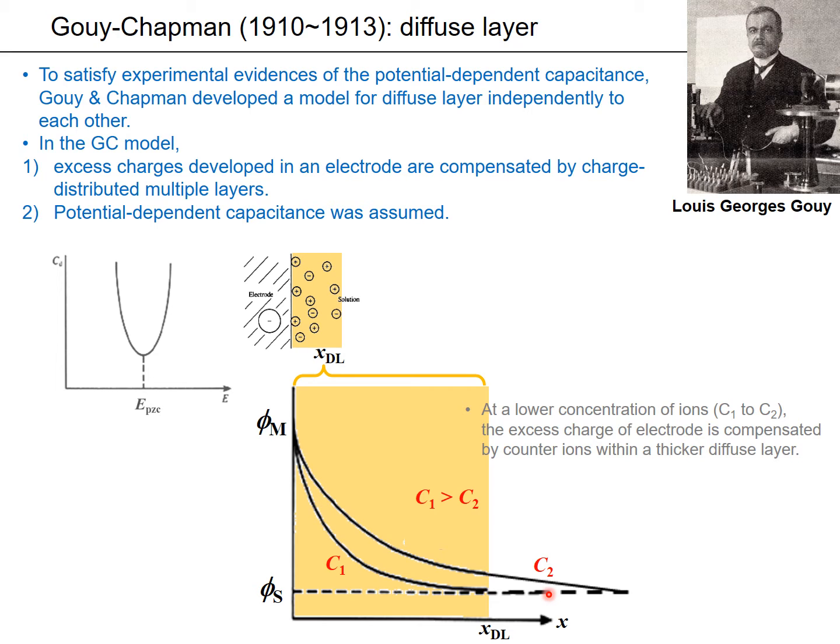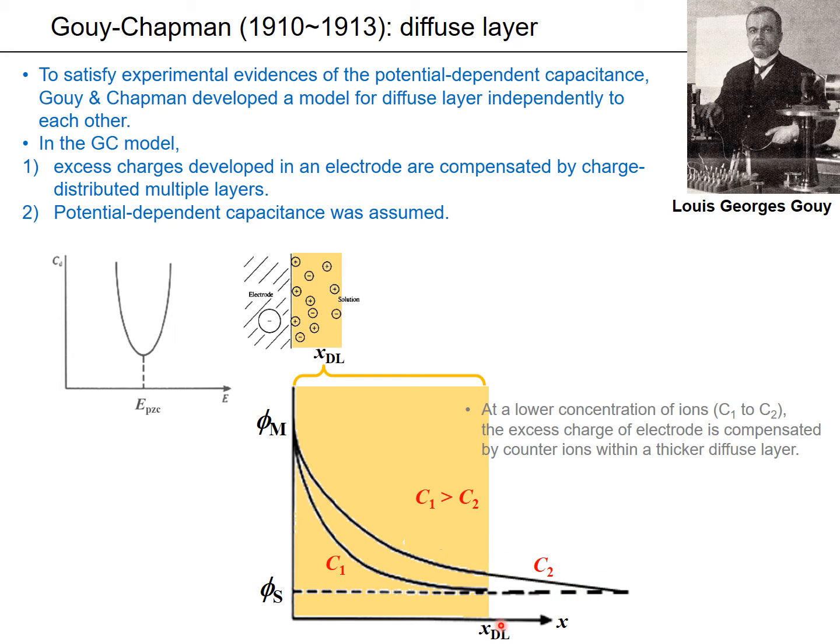Let me decrease the concentration from C1 to C2. Let me say C1 is 10 millimolar, while C2 is 2 millimolar. Then what happens? What can you expect? At a lower concentration of ions, the excess charge of the electrode is compensated by counter ions, in this case cations, within a thicker diffuse layer.